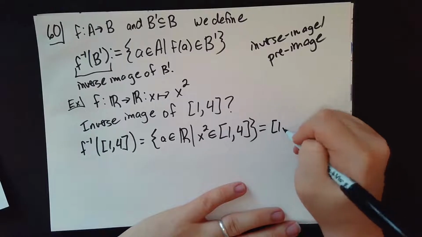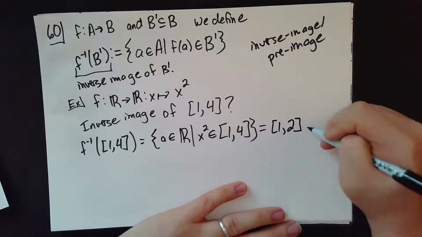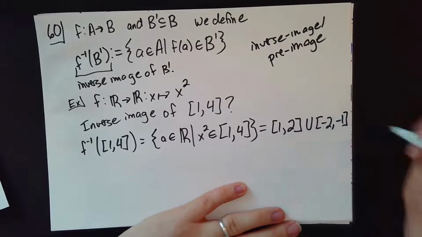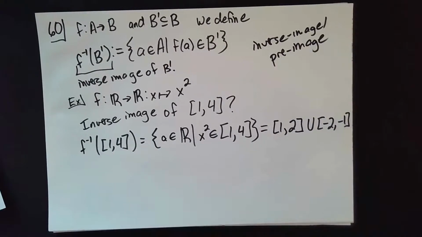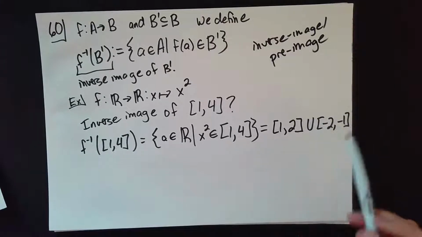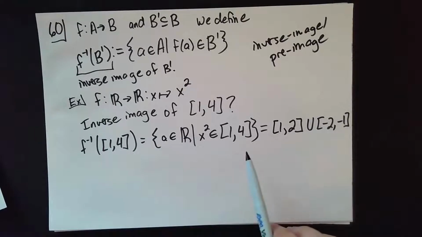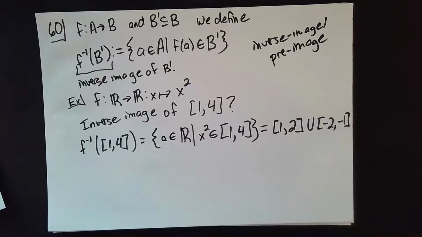And the answer is a number between 1 and 2, but also a number between -2 and -1. Okay, but these are all the numbers that I can square to get something in 1, 4. Questions about that?